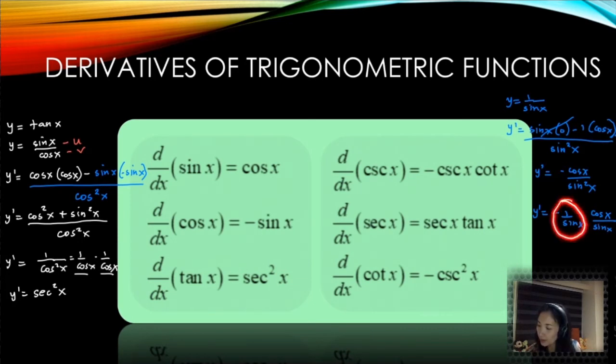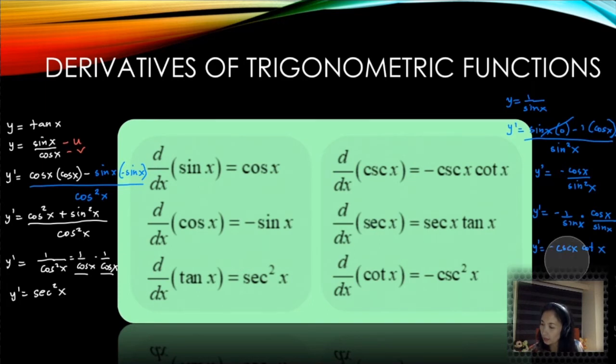1 over sine x once again is cosecant x, so y prime is equal to negative cosecant x, and cosine x over sine x is what function? It's cotangent x. So negative cosecant x cotangent x, and that's it.